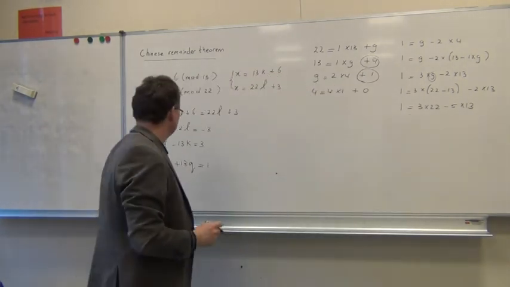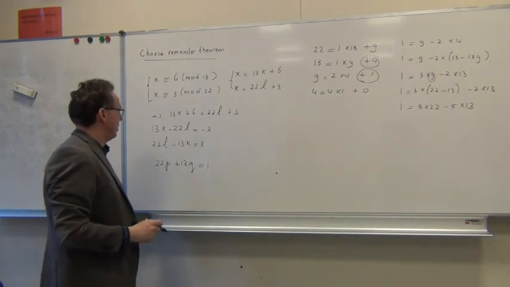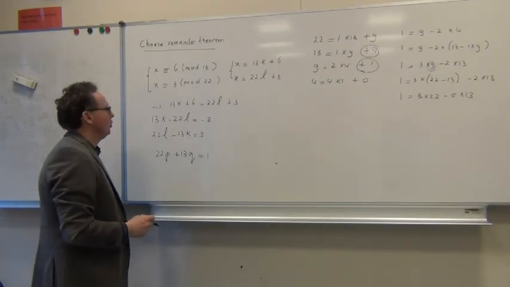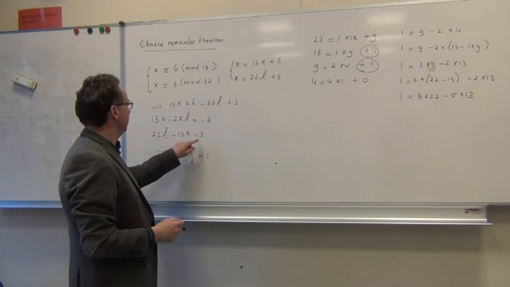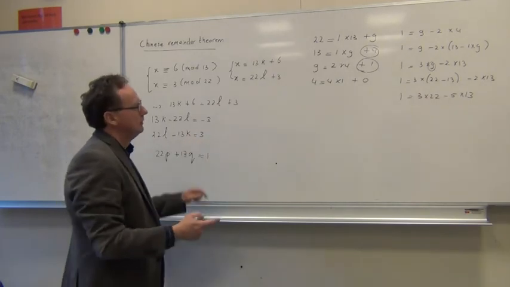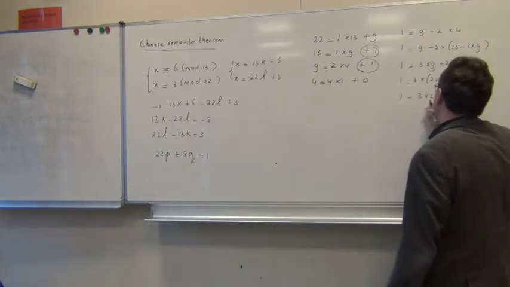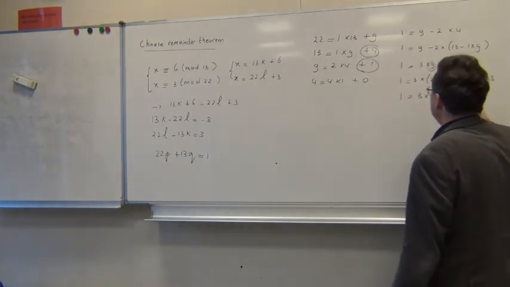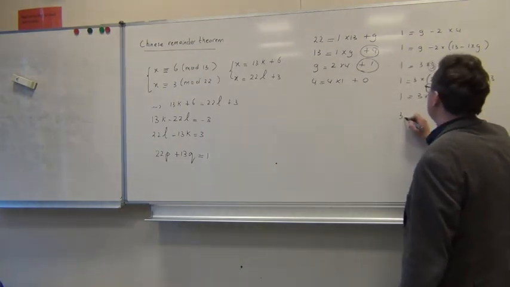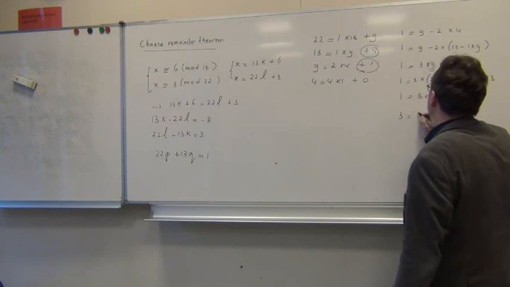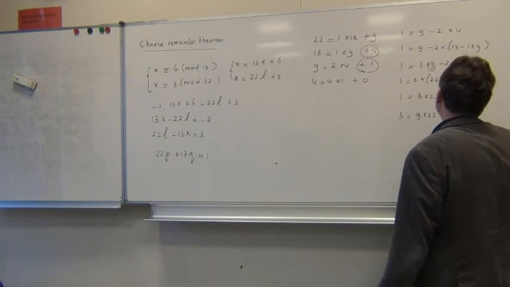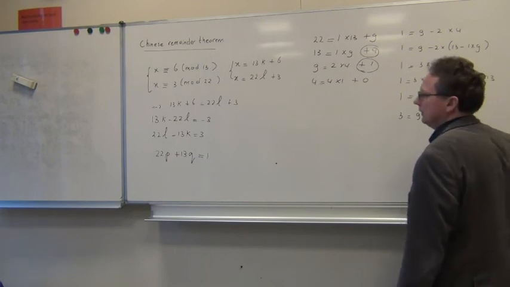Okay, now let's go back to this problem. We are looking for a situation where we have 3. Well, in this equation, if you multiply everything by 3, that's allowed. So we have 3 is 9 times 22 minus 15 times 13.